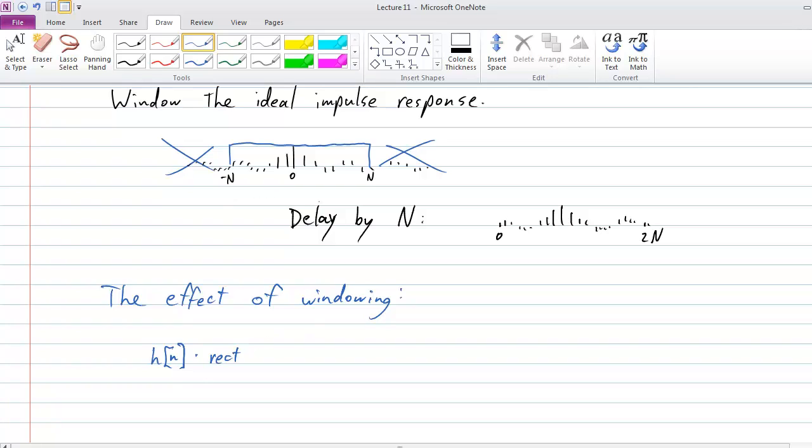So this up here was a rect, right? That blue shape is a rect. So what we end up with is h of n times a rect. And so what is that actually going to do in frequency? So it's rect of n over 2N.